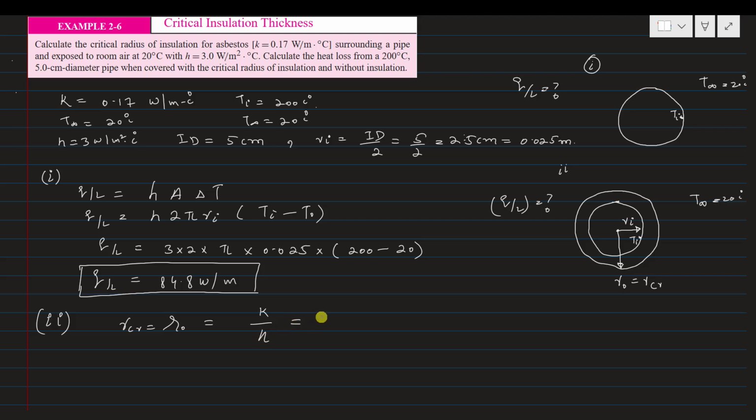K of the insulation is 0.17 divided by h, which is 3. So you get the critical radius of 0.0567 meter.